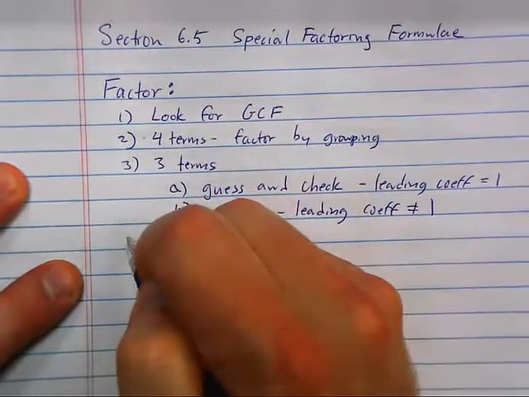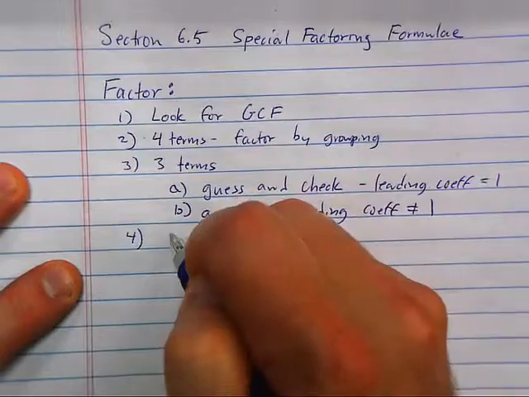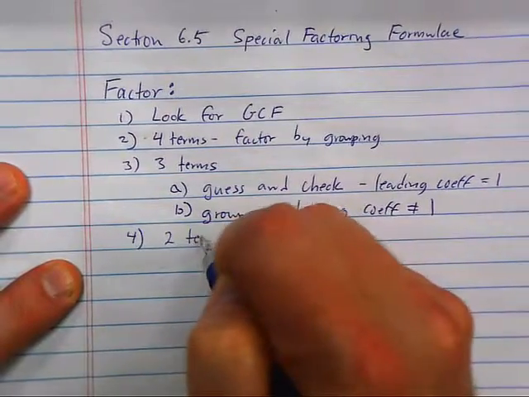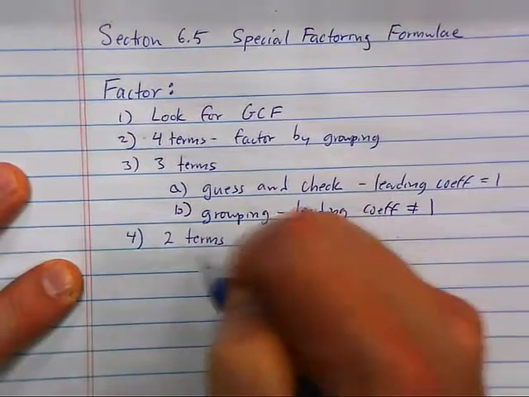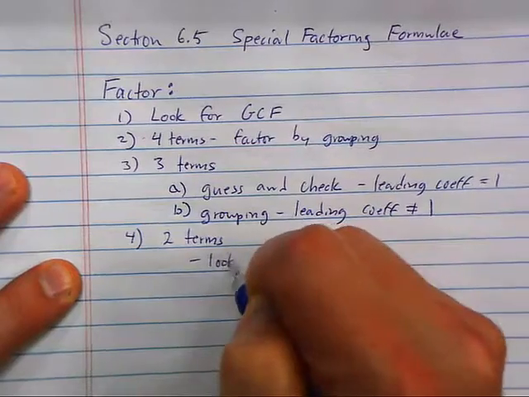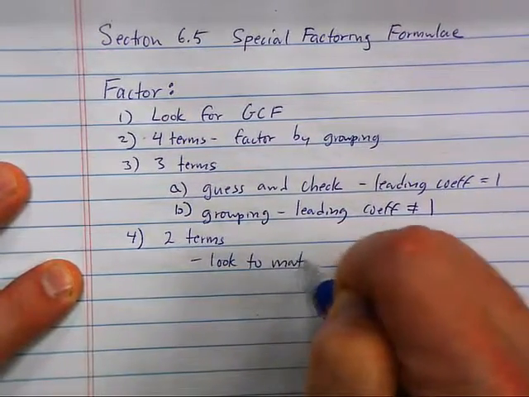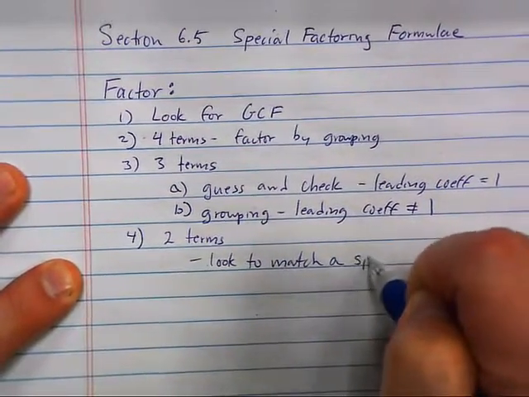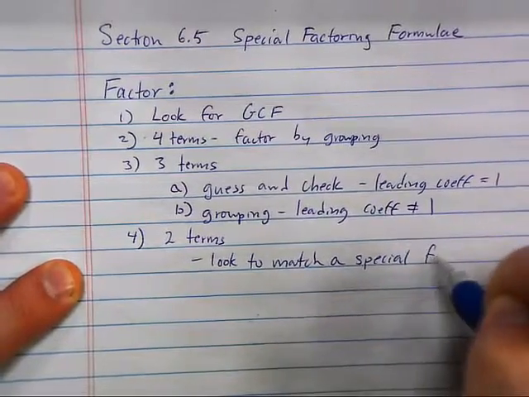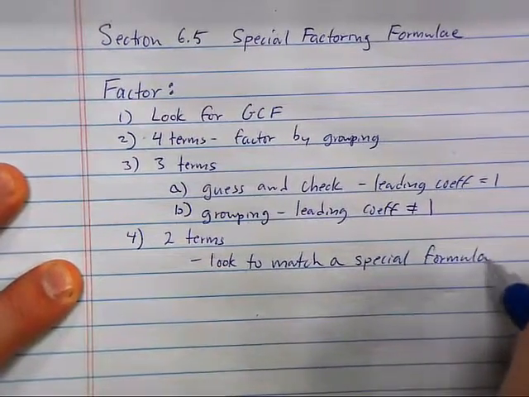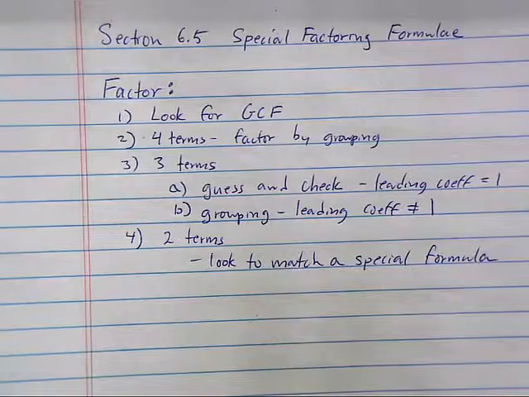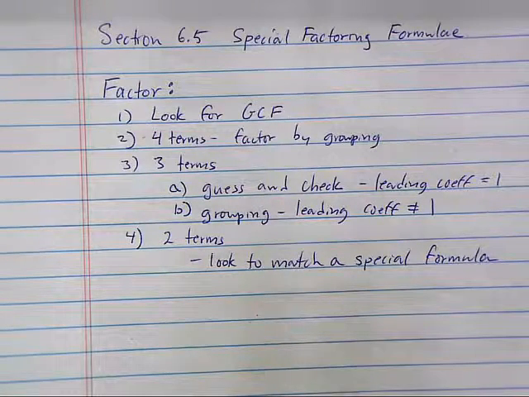All right, and here's the new thing. If you have 2 terms, look to match a special formula. And we are going to have 3 of them. We're going to have 3 special formulas.